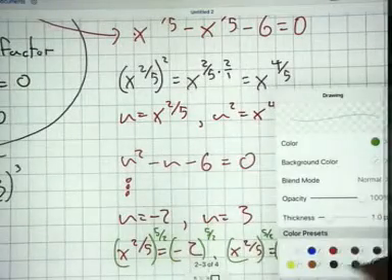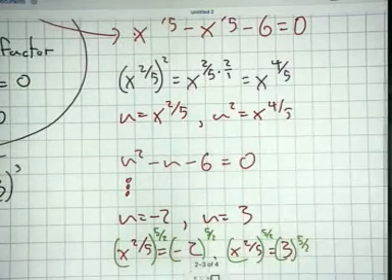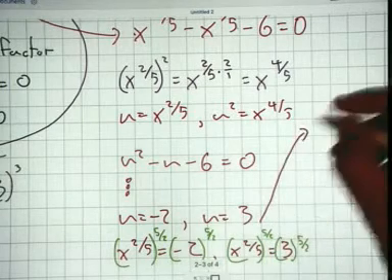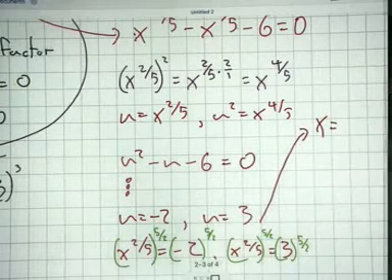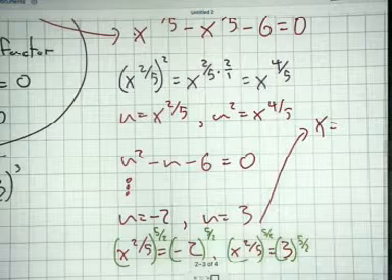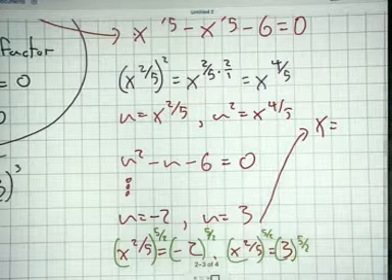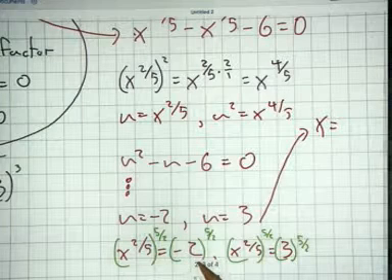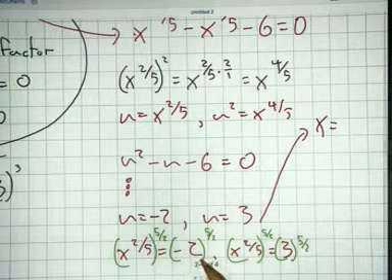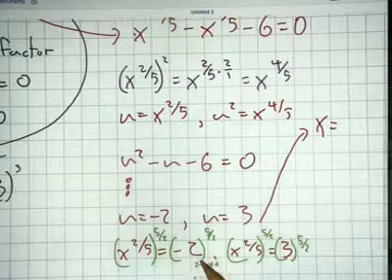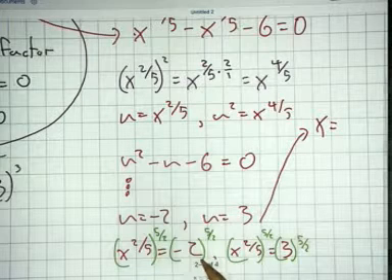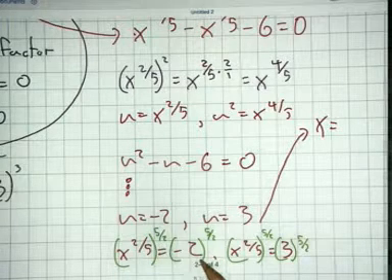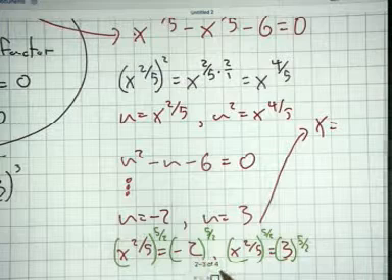I'm running out of room, so we're just going to have to squeeze it in over here. Then x is equal to, so 2 to the 5th is going to be 32. Then you want to do the square root of 32.